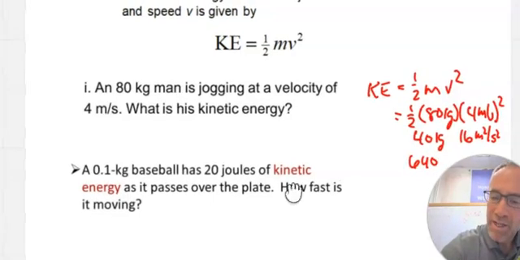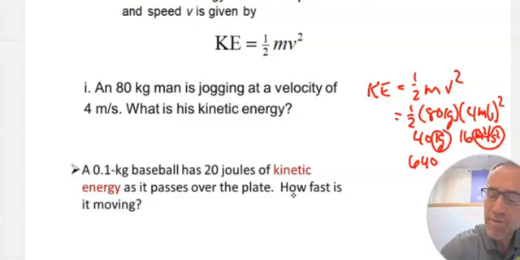Now, the kilogram meter per second squared, everything but that extra meter, is going to be a Newton. And then that Newton times a meter is going to give you the unit of joule.